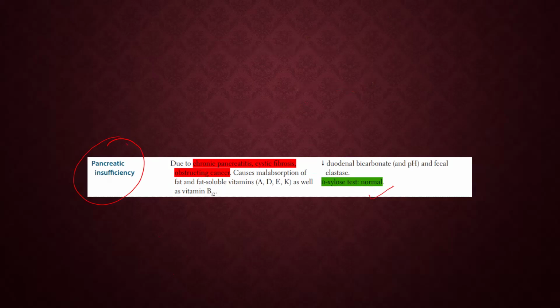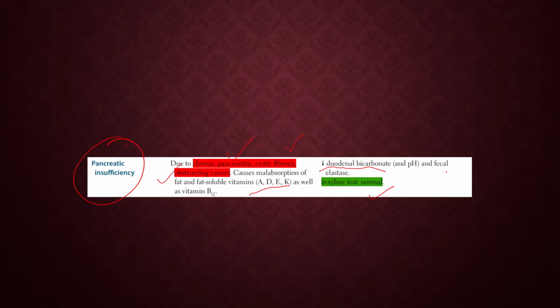So pancreatic malabsorption is due to pancreatic pathology: chronic pancreatitis, fibrosis, obstructive cancers, and cystic fibrosis. So the causes of malabsorption again: fat and fat-soluble vitamins A, D, E, K, as well as vitamin B12, decreased duodenal bicarbonate, and fecal elastase.